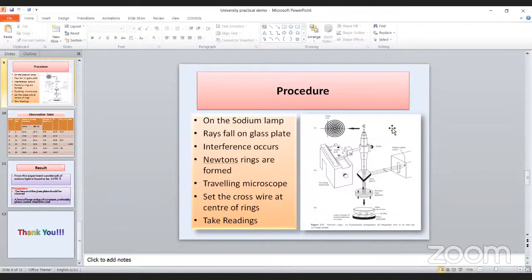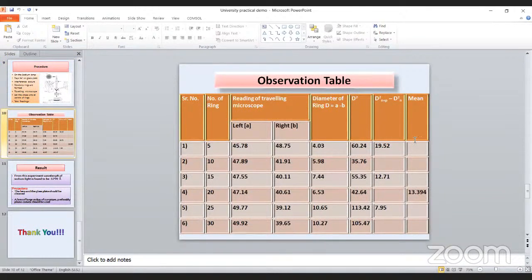Then next is our observation table. This is the observation table of the Newton's ring experiment. This is the number of rings, which are 5, 10, 15. Instead of that, we can take 1, 2, 3, 4 and so on, and there is a reading of the traveling microscope at the left side and at the right side.